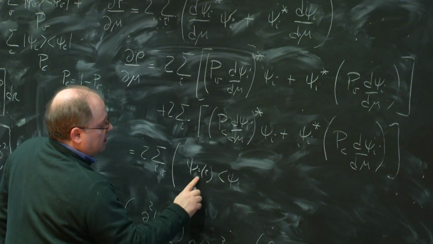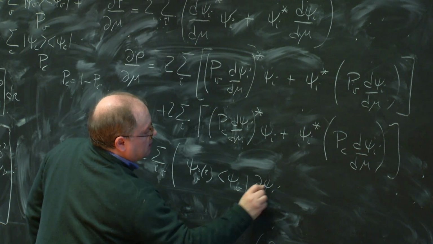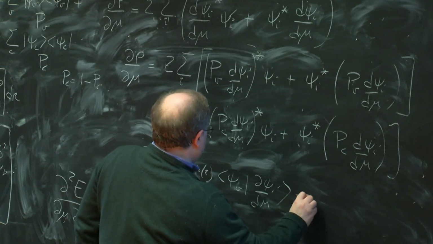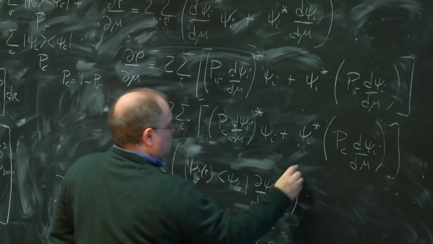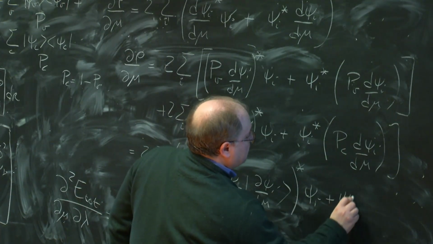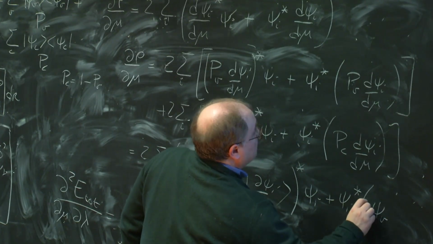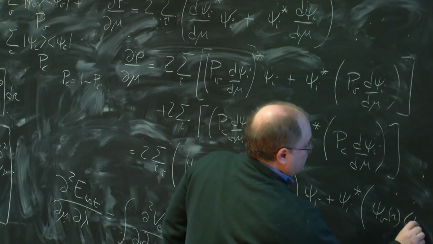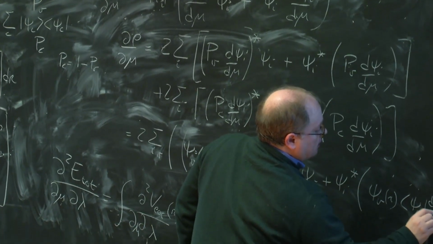As before, let's write this PV d Psi over d mu, plus the complex conjugate, Psi star PV of R PV d Psi over d mu.